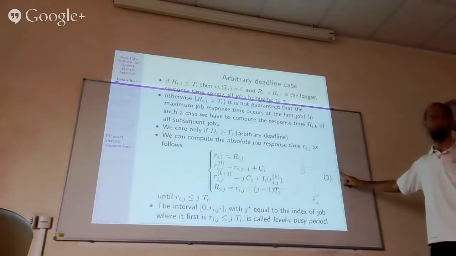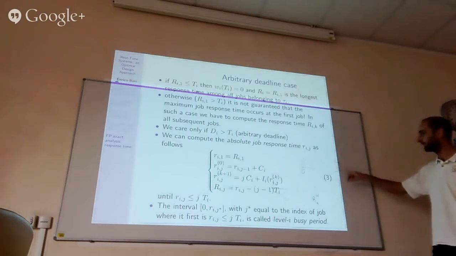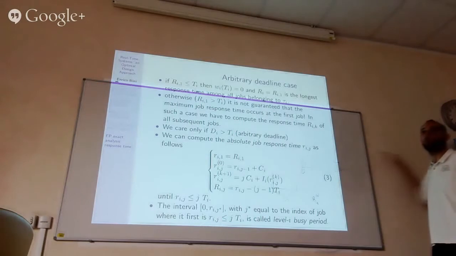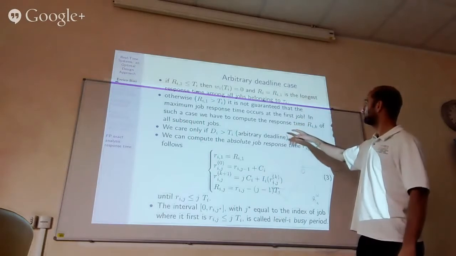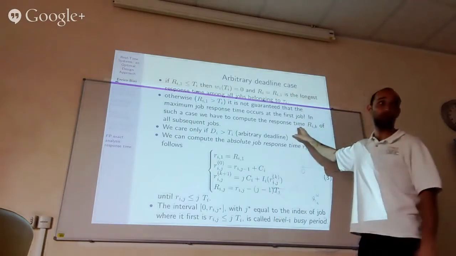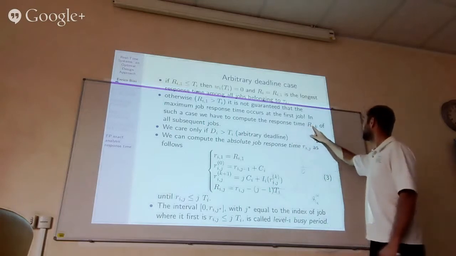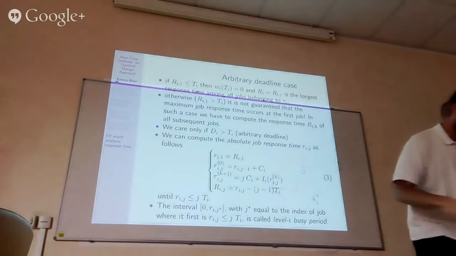There is a paper where they show that, in the example they have, in a condition like this, the longest response time occurs at the 5th job, much, much later on. So we have to compute the response time for the subsequent jobs. Also for R, I would use J here instead.